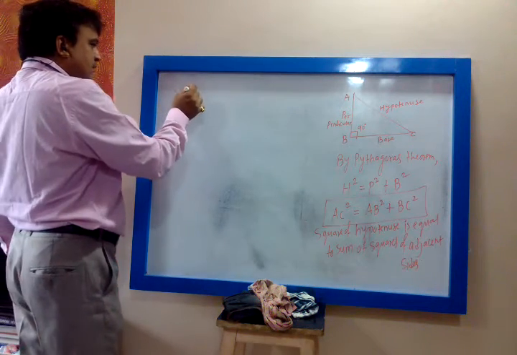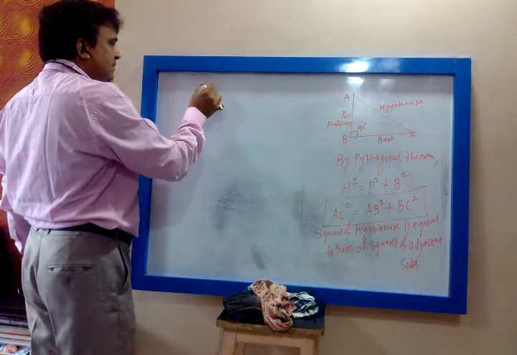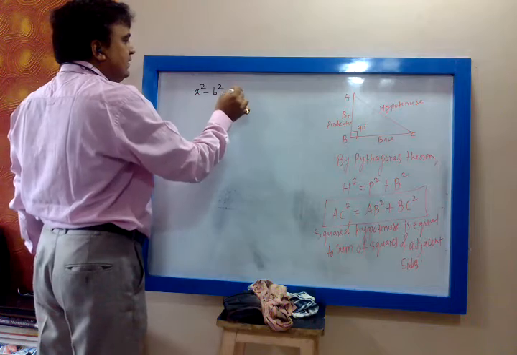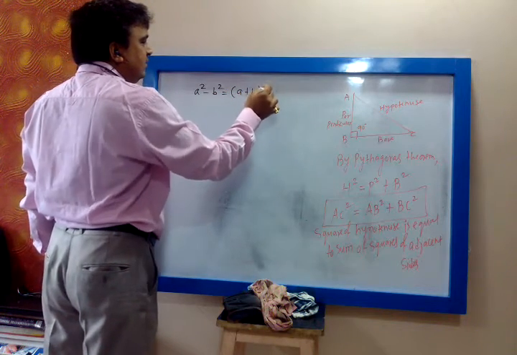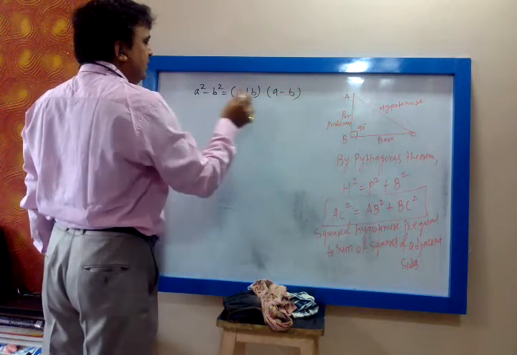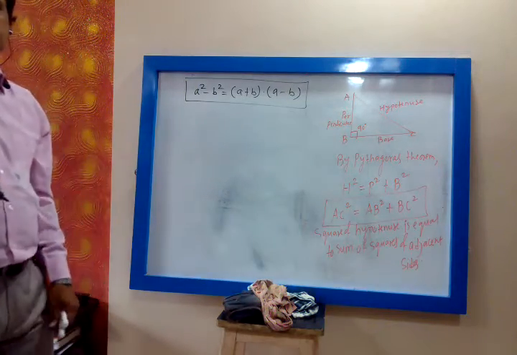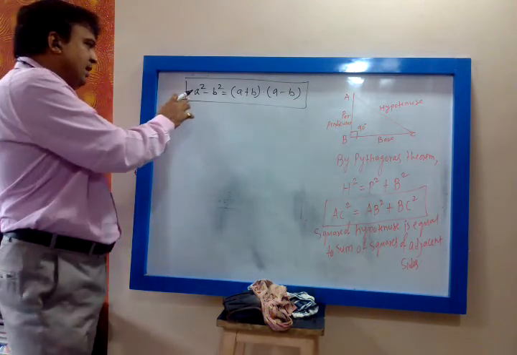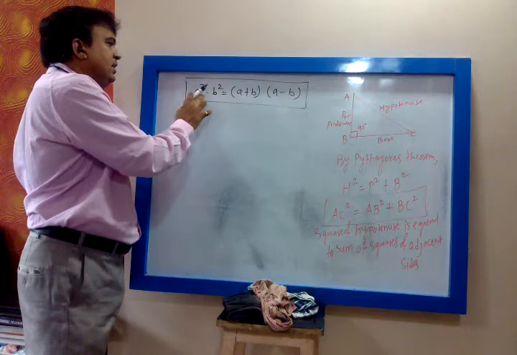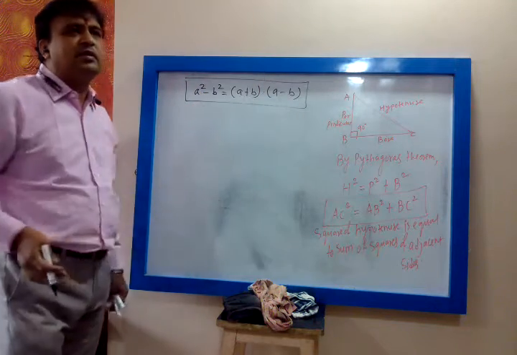So this formula you have to remember: a square minus b square is a plus b into a minus b. Instead of calculating the squares of a and b, I will use this formula. This will be more convenient.